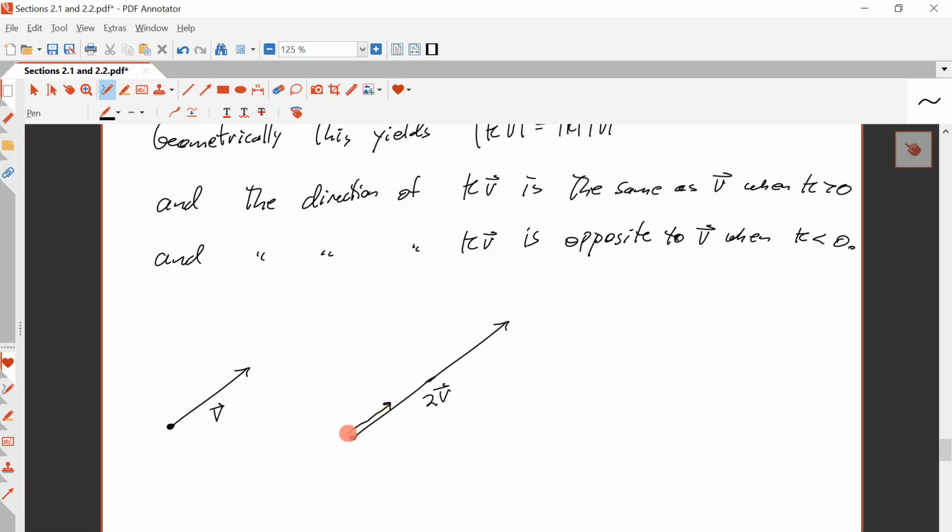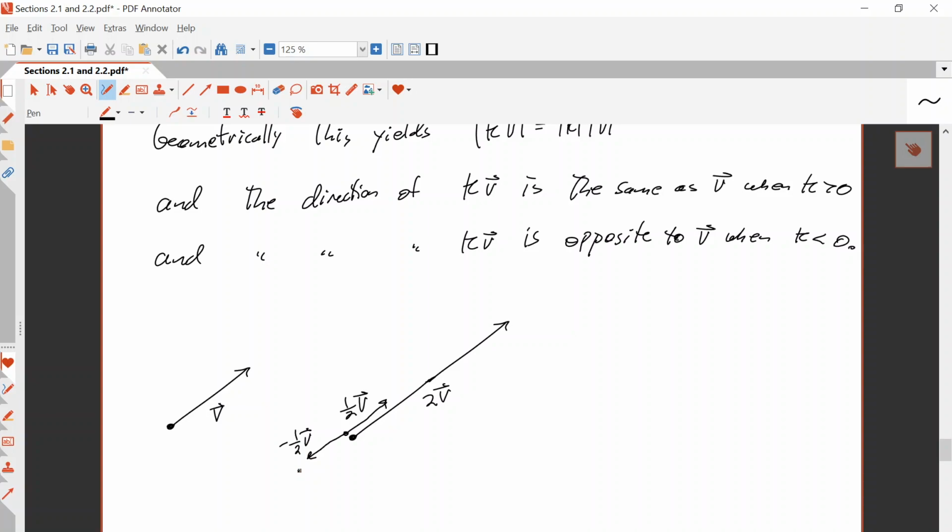This would be the vector 1/2 of V. So we scale the length of V by a half. It doesn't have to get longer, it can get shorter. If we make it negative, then it just points in the opposite direction, like that.